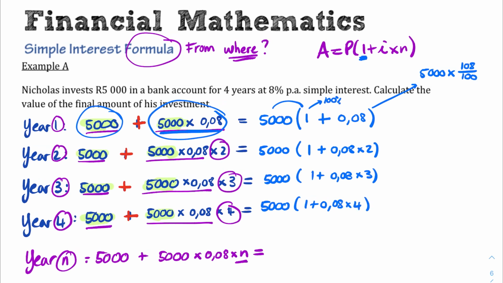So what is it going to look like in the nth year, in any year? Well, we see that we always have 5,000 as a common factor. So 5,000 is my common factor. What's going to be left? Well, if I divide 5,000 by 5,000, I've got 1. And if I divide this term by 5,000, I've got 0,08 times n.